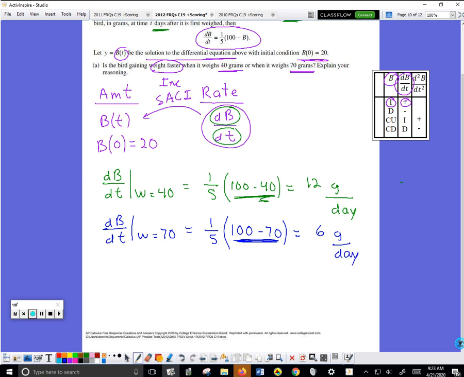I said I had to explain my reasoning, so I've got it now. That's my explanation, so I just write therefore. Oh, that's not fun.